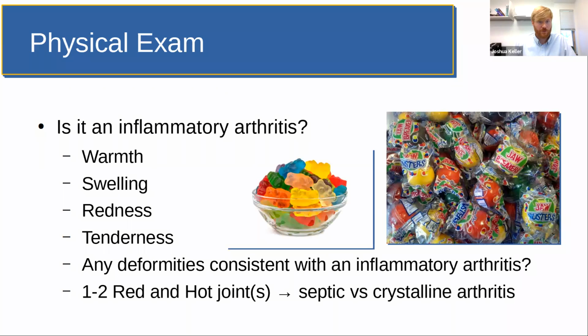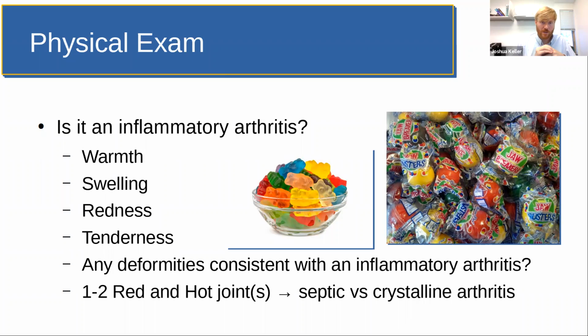Is it an inflammatory arthritis? So you do the first part of your exam and you're like, yeah, there's an arthritis here. The things I was just talking about, warmth, swelling, redness, tenderness, might help us figure out whether it's an inflammatory versus non-inflammatory arthritis on exam.